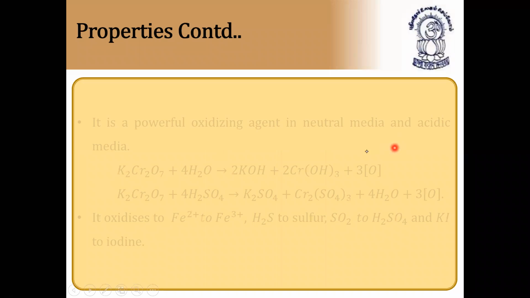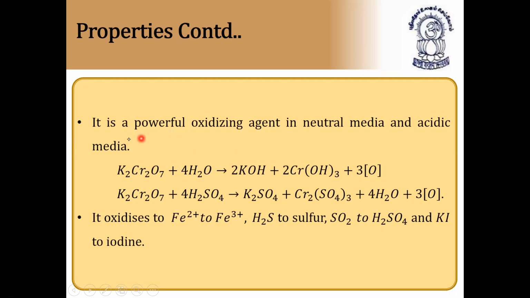Continuation now. Potassium dichromate is a powerful oxidizing agent in neutral media as well as in acidic media. Potassium dichromate on reaction with water, that is in neutral medium, forms potassium hydroxide, chromium hydroxide along with nascent oxygen. Potassium dichromate on reaction with sulfuric acid, this is acidic media, forms chromium sulfate.